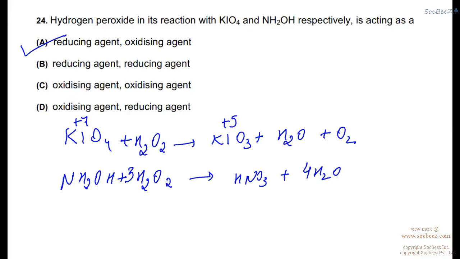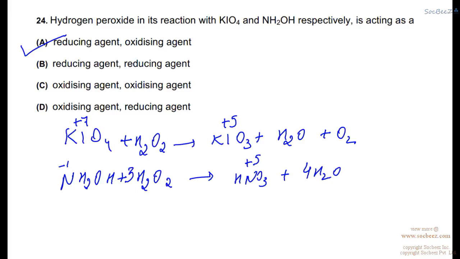So here clearly you can see that it is acting as a reducing agent, and in the same way here it is acting as an oxidizing agent, because here the oxidation state of nitrogen is -1, but here the oxidation state of nitrogen is +5.